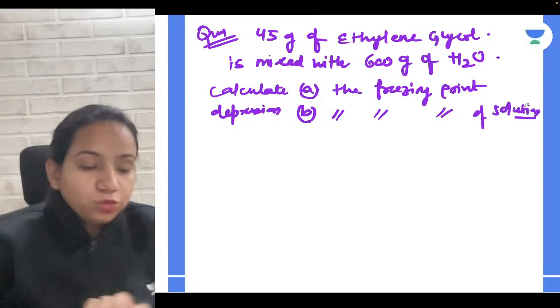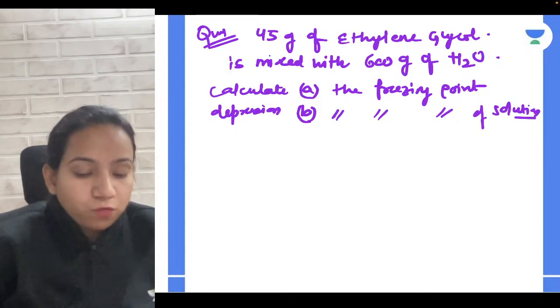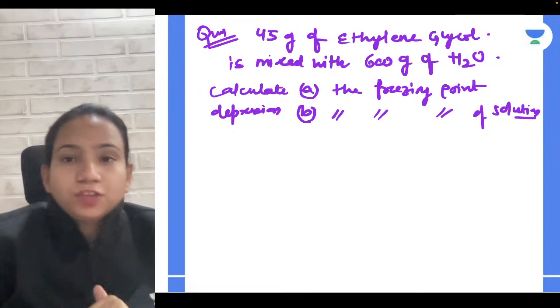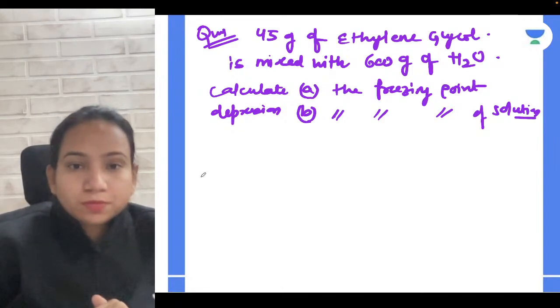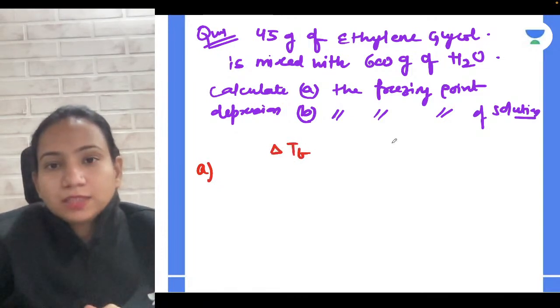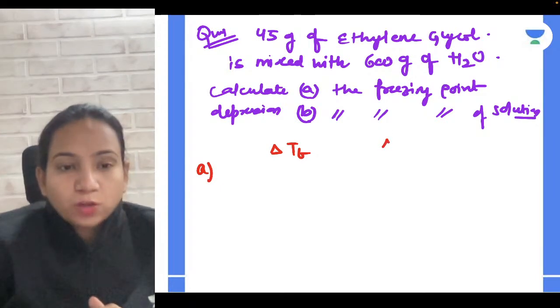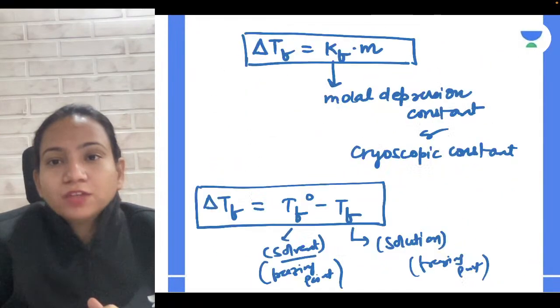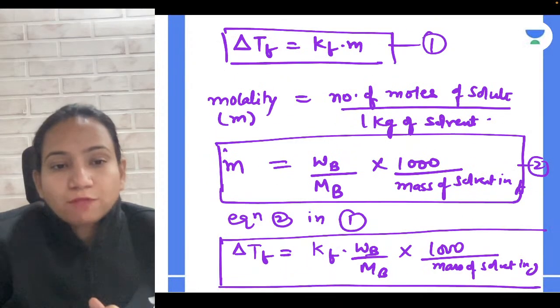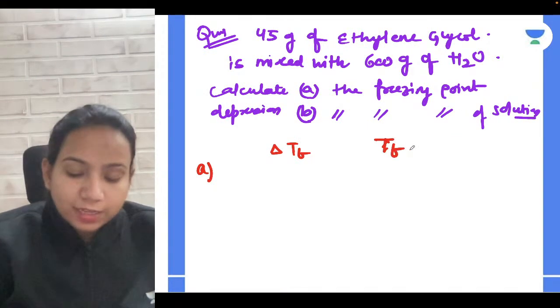So this is what you have to do. Now let's see who will be able to get the answer. You have delta Tf, the freezing point depression, and the freezing point of the solution. For the solution, we have given just Tf. So we have to find delta Tf and Tf. Let's see who will give the correct answer.